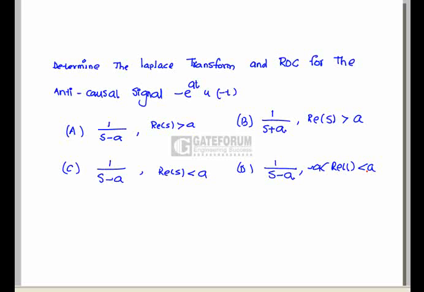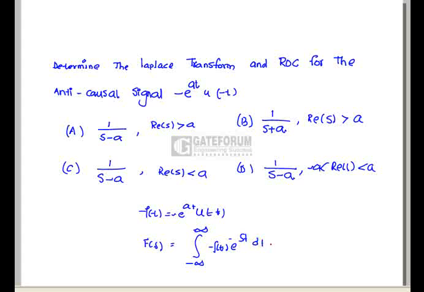Determine the Laplace transform and ROC for the given anti-causal signal minus e power at u of minus t. Here the Laplace transform, suppose f of t equals to e power at u of minus t. F of s is given as integration from minus infinite to infinite f of t e power minus st dt.